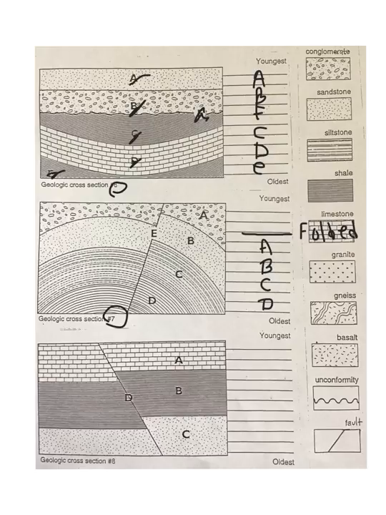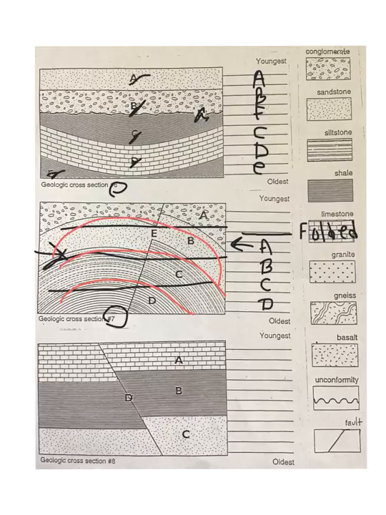So these were all originally put down flat or horizontally, and then because of compression of the rock layers, they got folded or bent upwards, the way that you see in the picture here. So this happened before layer E was deposited or put down.